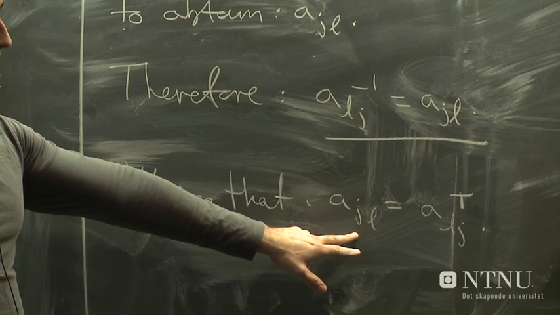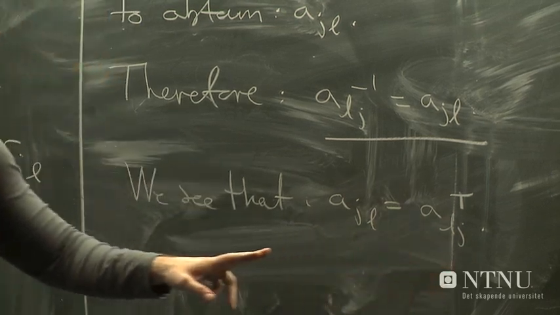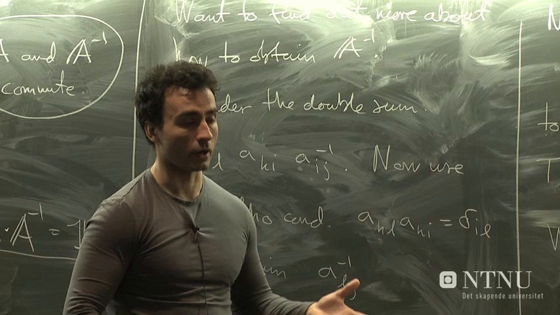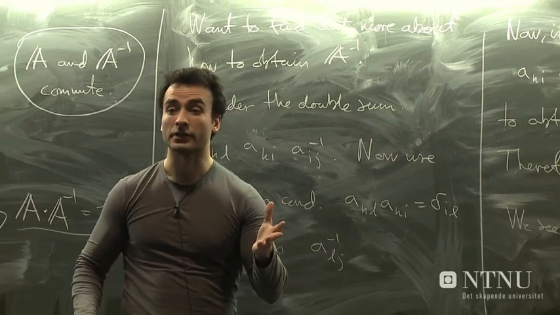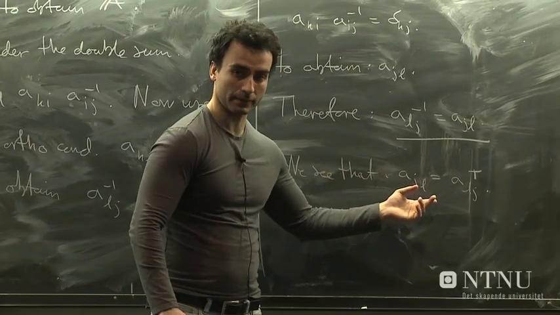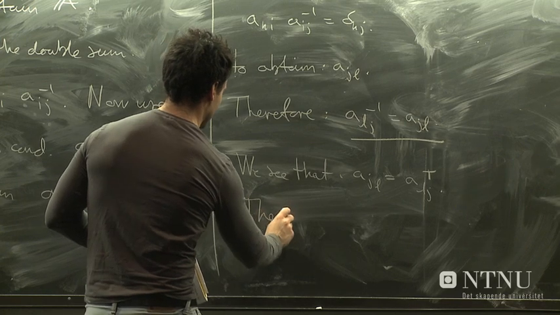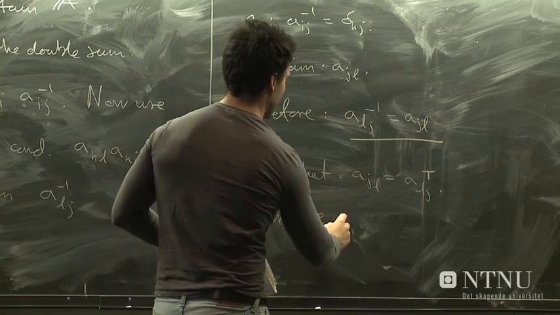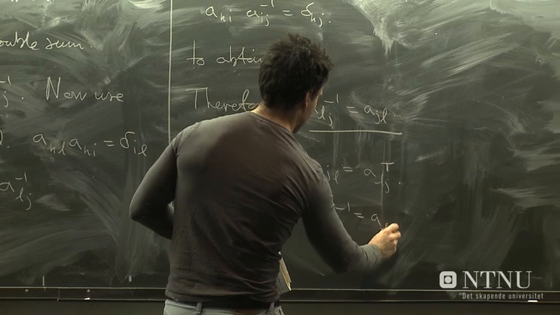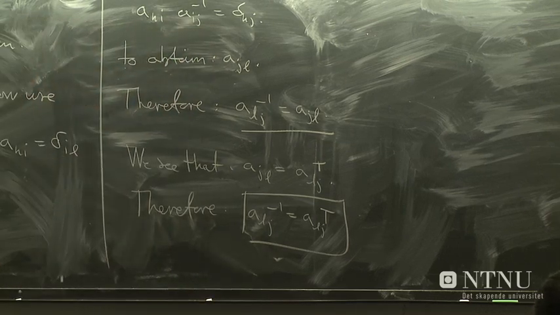Now Ajl is equal to Alj of the transpose matrix. The transpose operation essentially means that you interchange columns with rows. So you interchange these two indices. So then we have this relation.